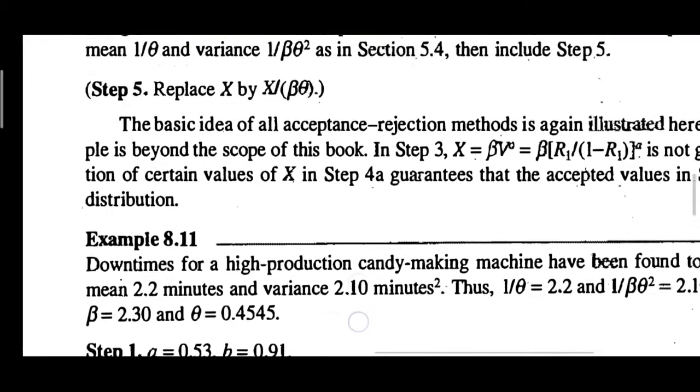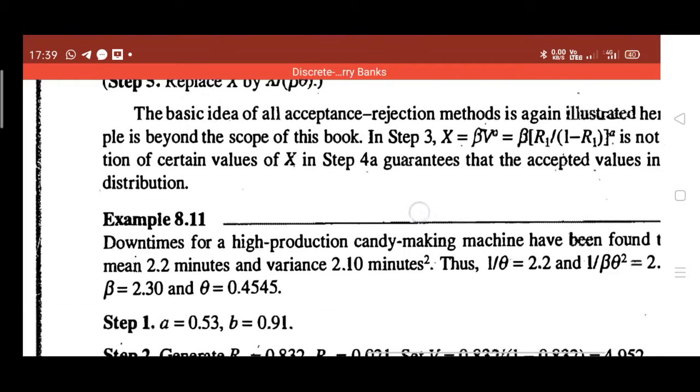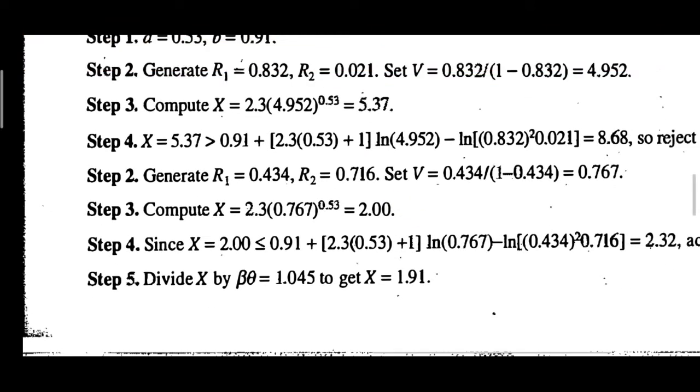Compare its value with, see the next step, b plus beta a plus 1 ln of v minus ln of r1 square into r2. Please remember the formula, just substitute. If you remember the formula, substitution will be very easy.